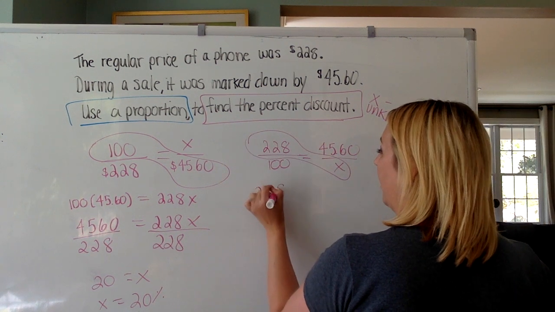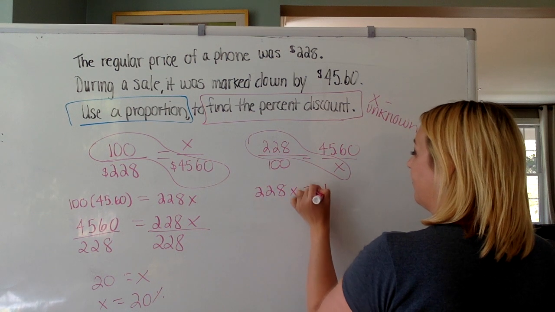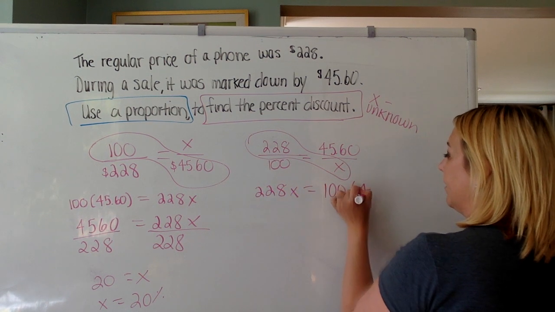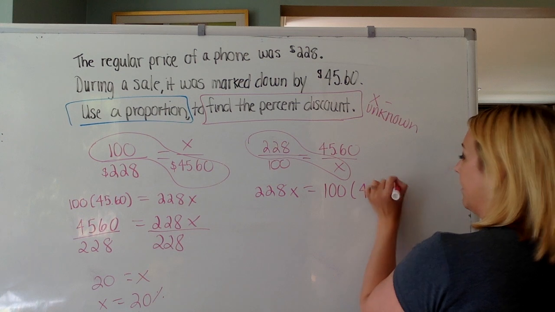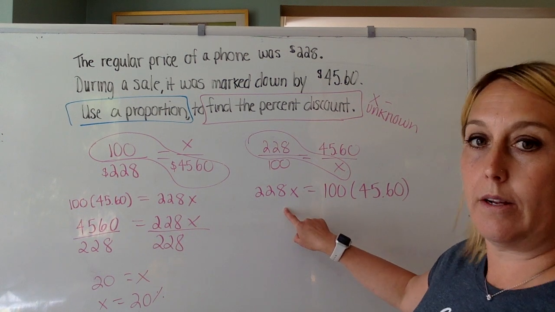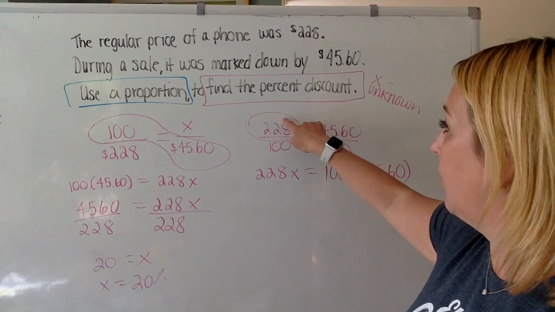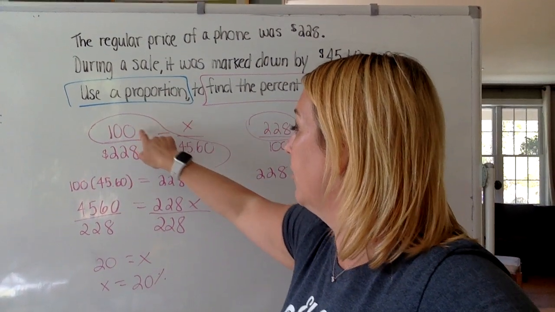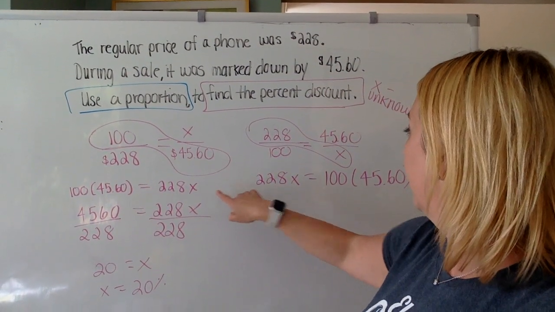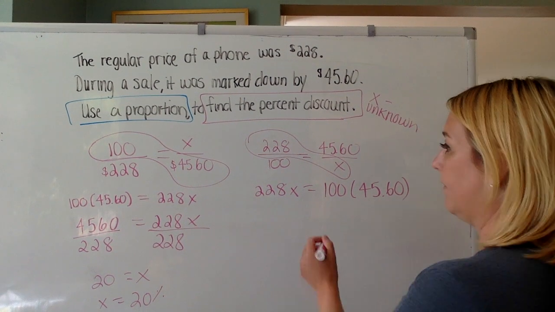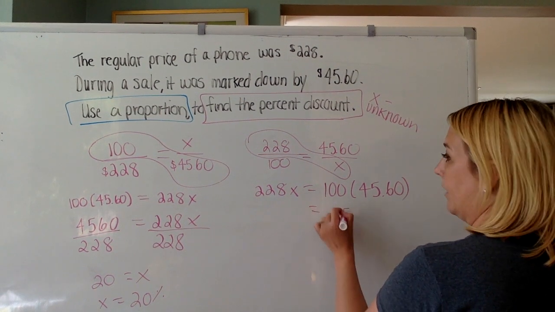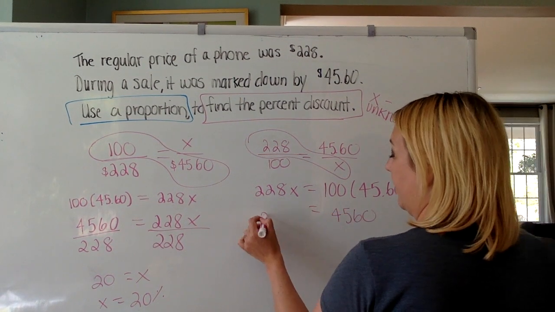according to the cross product property, does it matter in this case which one was in your numerator, if it was dollars in the numerator or percents in the numerator? And if you look, of course, does it matter? It does not matter in this case.